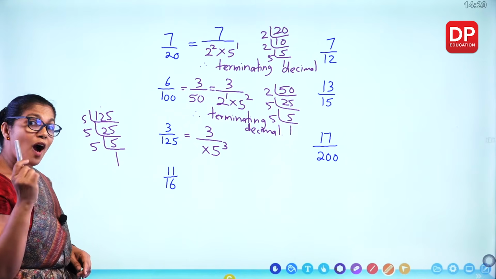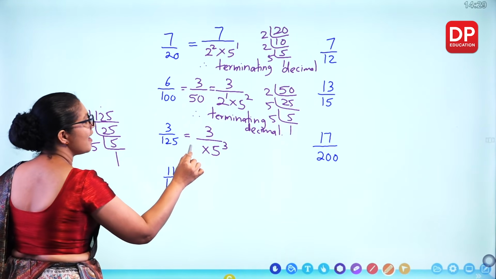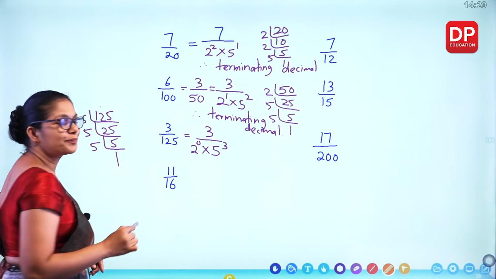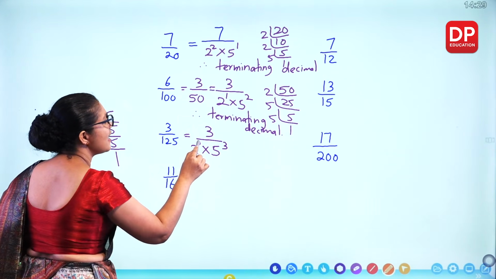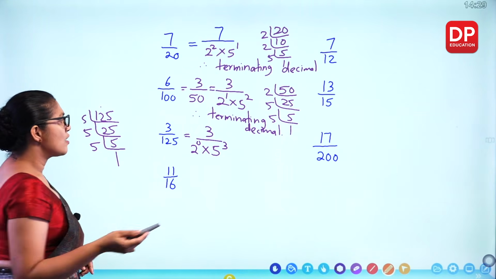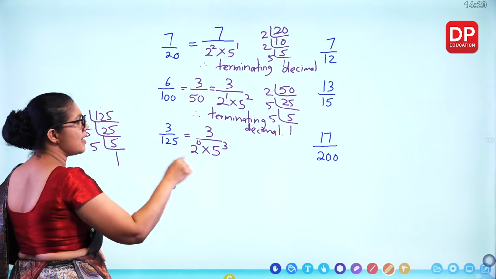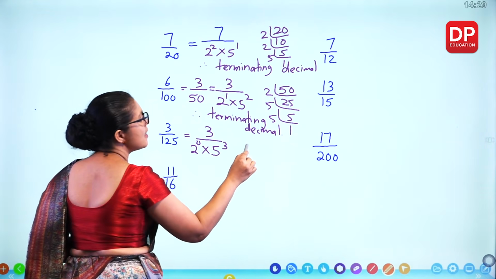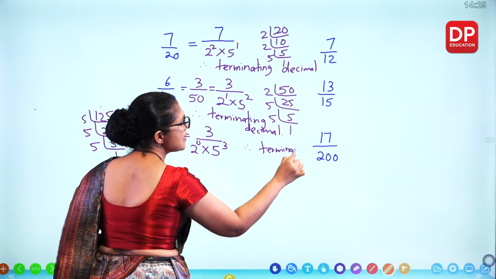This is 1. How can I write 1 in terms of 2? I can write 2 to the power 0. 2 to the power 0 is 1. So here again, m and n can be any number, any constant. So 0 is also a constant. So here if I can write this form, this is a terminating decimal.